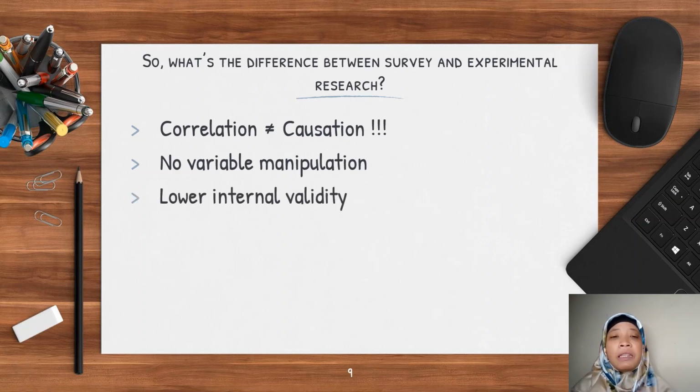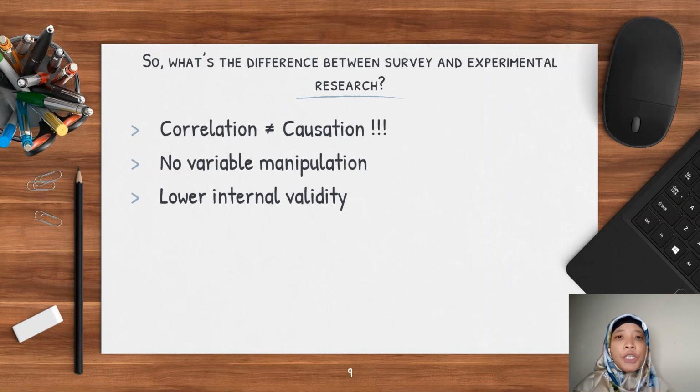And because of the lack of ability to control the variables, the extraneous variables, survey research has lower internal validity compared to experimental research. In experimental research, we try to control even the situations, most of the time in laboratory settings. But in survey research, most of the data are only based on self-report, and in this virtual era, we do so many online surveys.